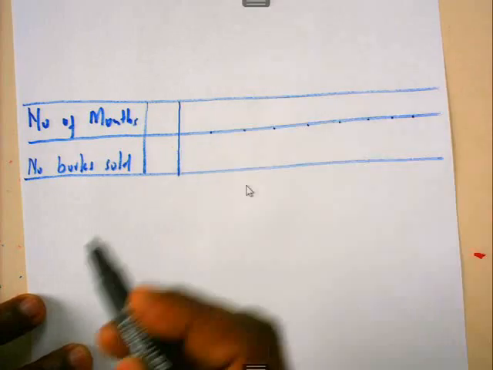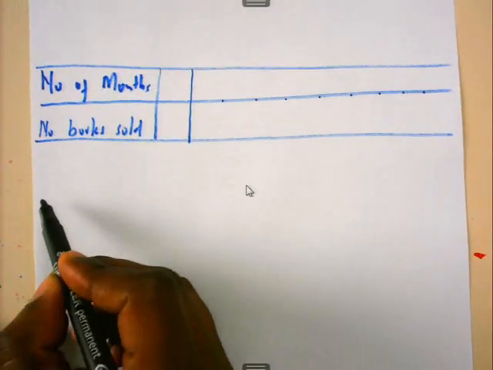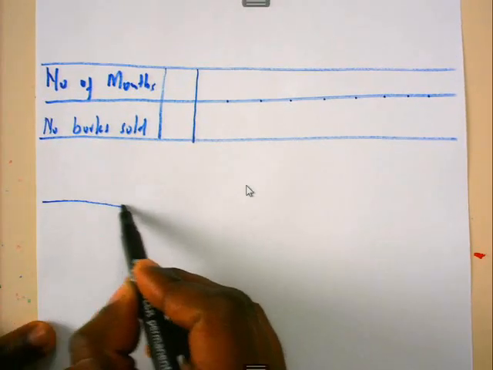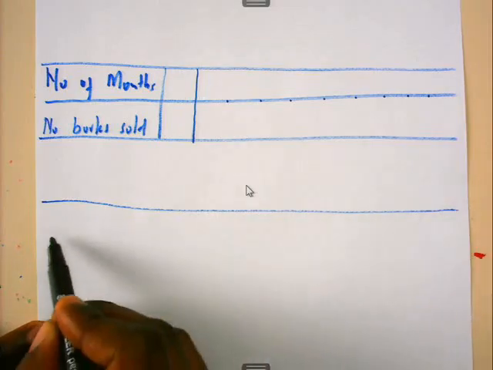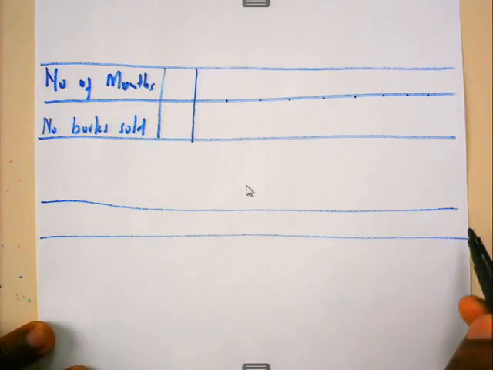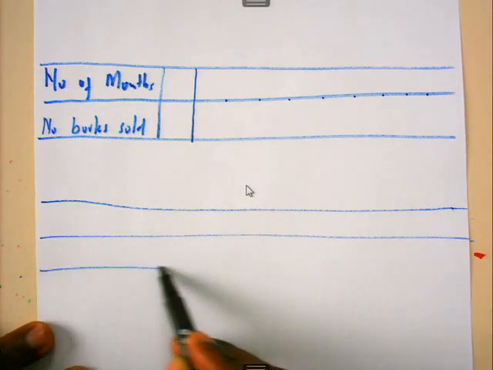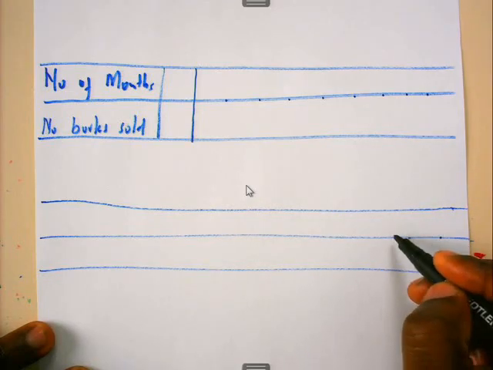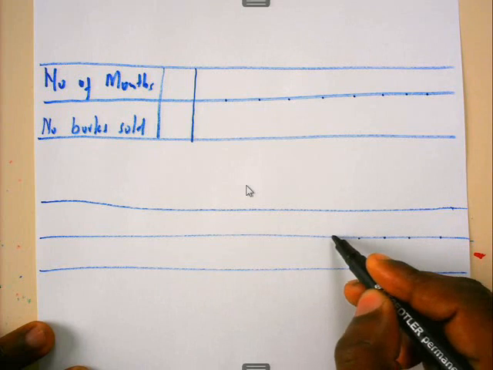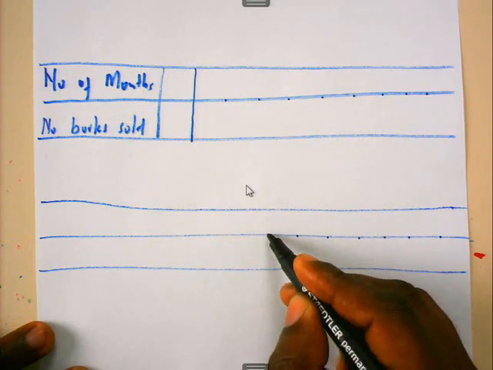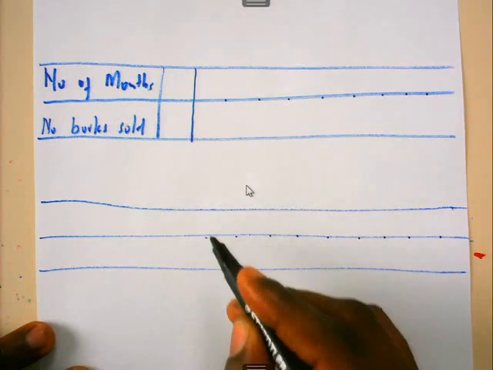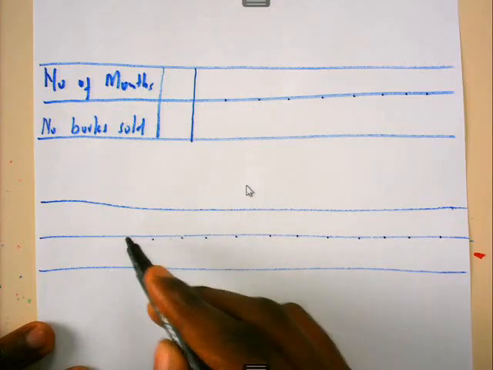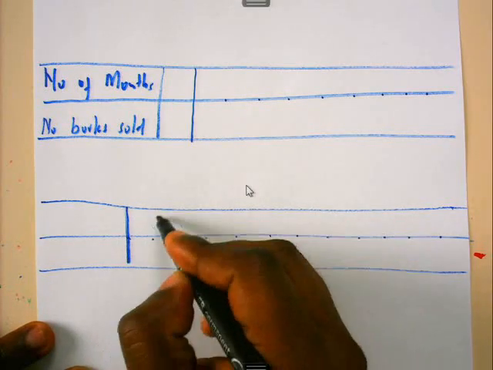Ooh, doesn't fit very well. I'll draw another one here so that we fit all the months in. It should be 12 months. You see it's 1, 2, 3, 4, 5, 6, 7, 8, 9, 10, 11, 12. Good. It's better this way.